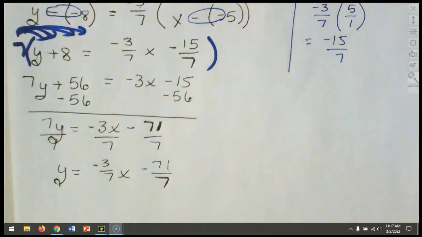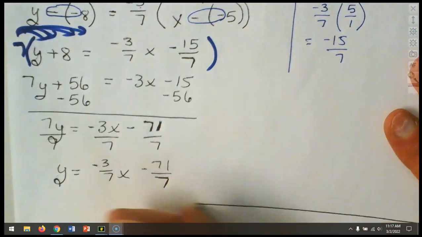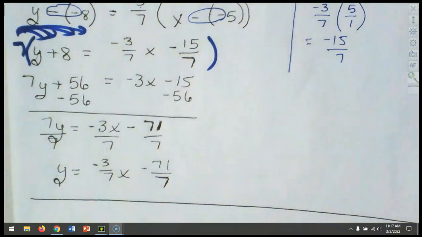I want to look at one more thing real quick. Next week we'll talk about how to handle when you have 2 points and a point and a line equation. But let's look at how to find the equation when you're given the slope and the y-intercept. The quick and easy way to do that.